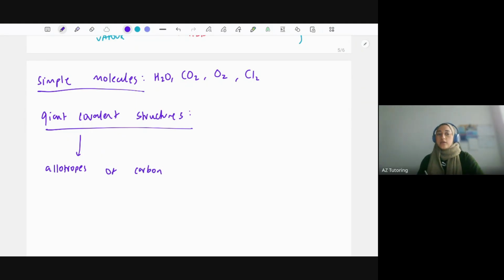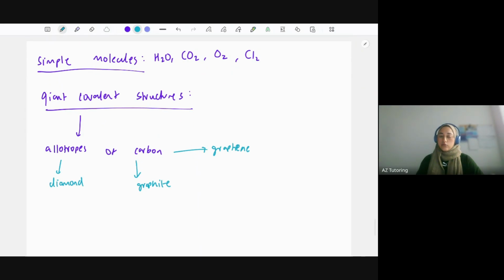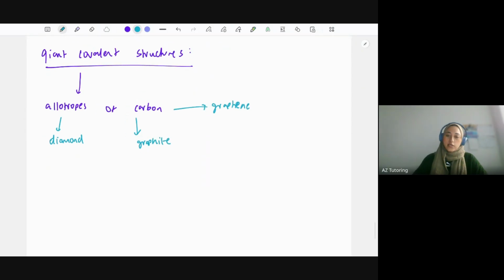Now, what allotropes mean is substances which are made up of the same thing, so in this case, carbon, but because they're bonded differently, they give rise to different substances. So I'll tell you the examples. We've got diamond, we've got graphite, graphene. So all of these are made up of the same thing, but because that same thing, carbon, is bonded differently, they look different. So diamond, let's start off with that first.